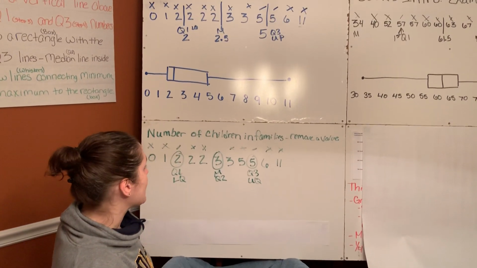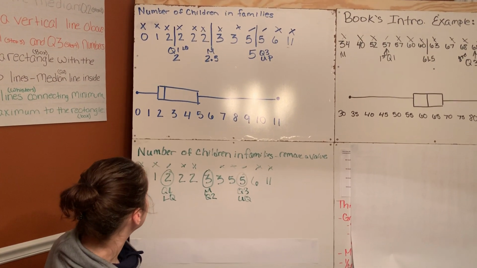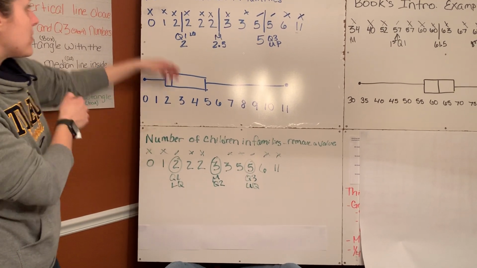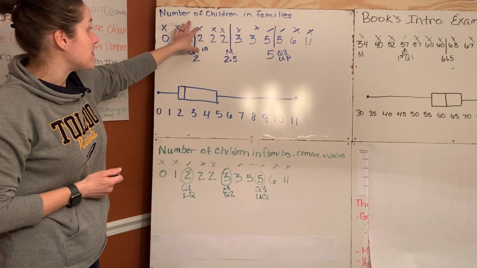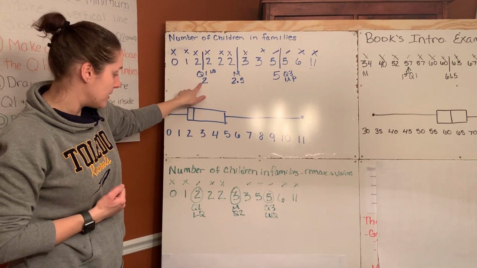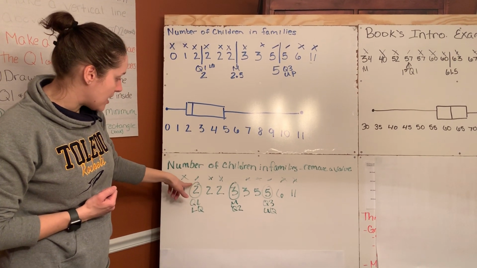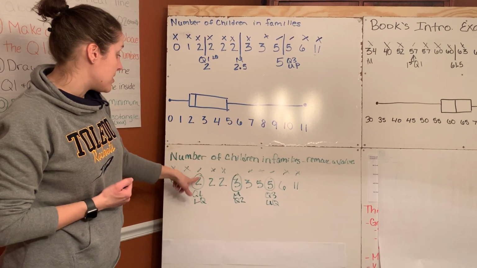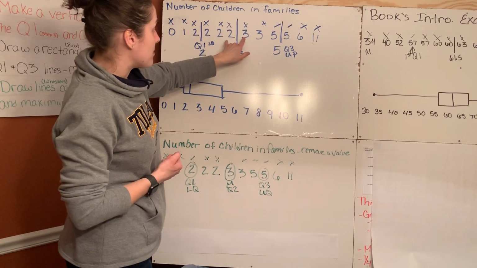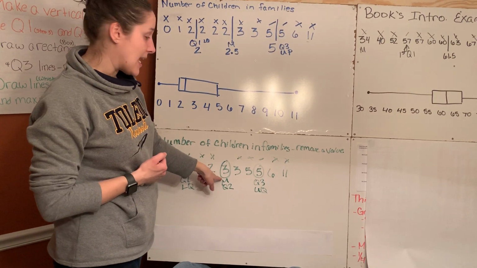Why did I do this? Why did I have the exact same data twice except for missing a 2? What I wanted you to see is that with this set of data, the median was between these two 2's, making it a 2. But for this set of data, with one less number, the median is exactly 3. The median went from 2.5 to exactly 3.